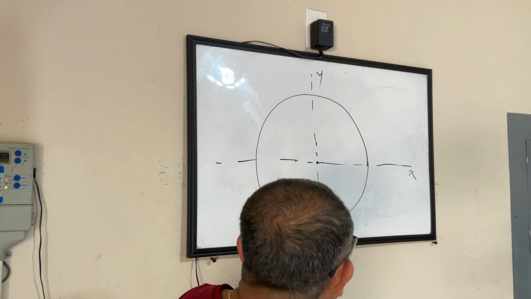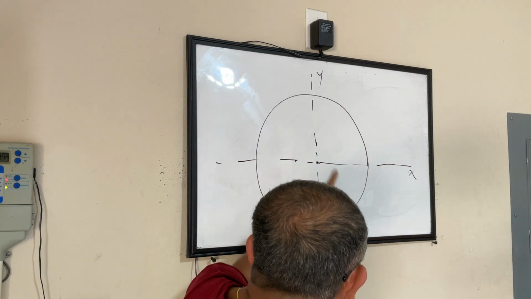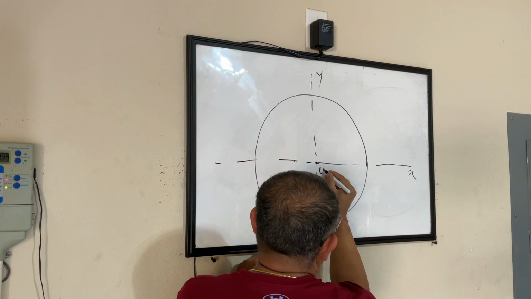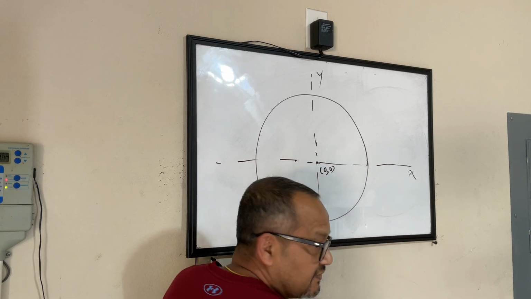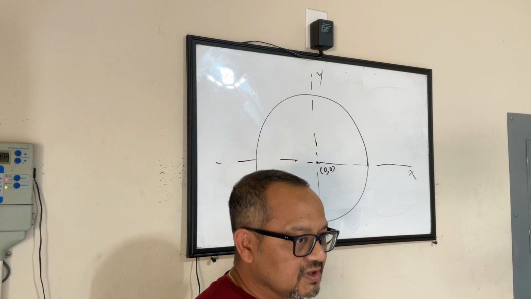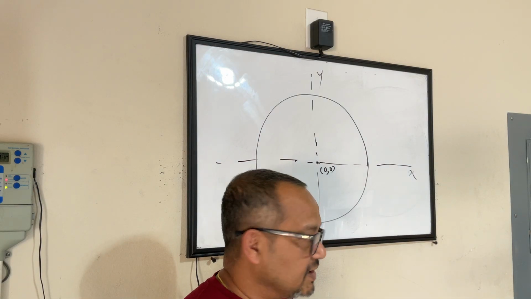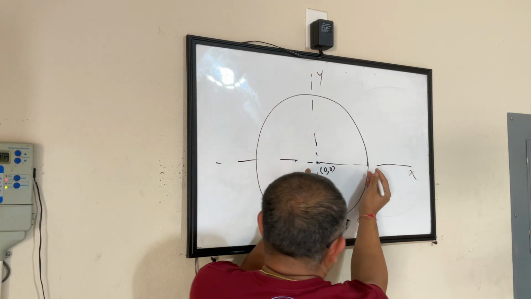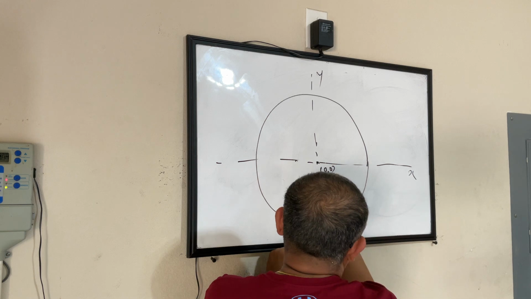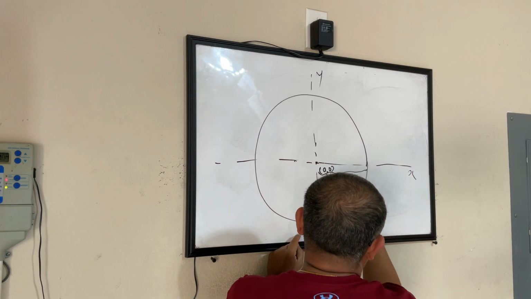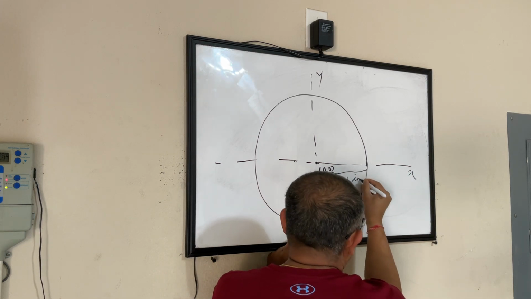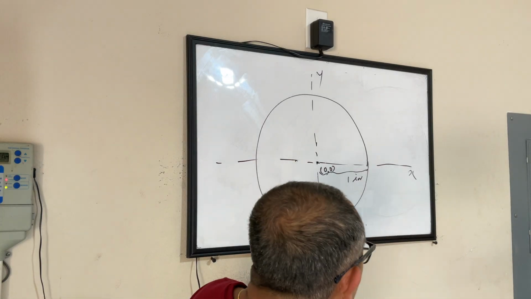So now you know your center's coordinates are 0, 0 because this is coinciding with the center of the coordinate plane. And you know this is 1 unit, so the radius from here to here is 1. Let's say this is 1 inch. Now what are we doing?